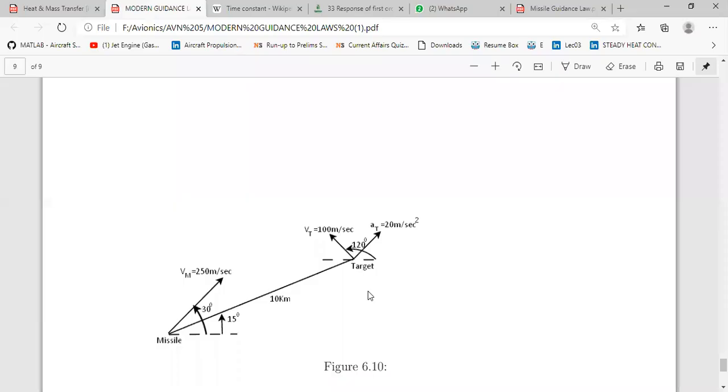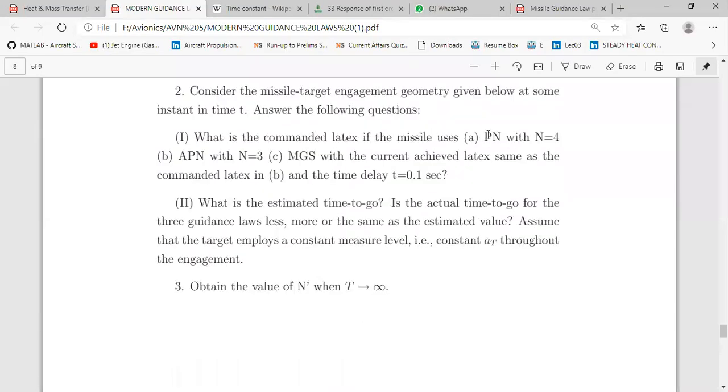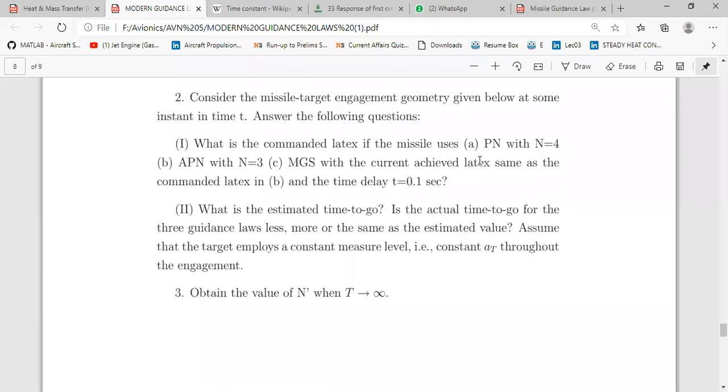So we want to find out the latex required for the APN. Can you try? It is similar to the previous questions, only we are changing the guidance law from PN to APN. So what is your guidance law for APN?